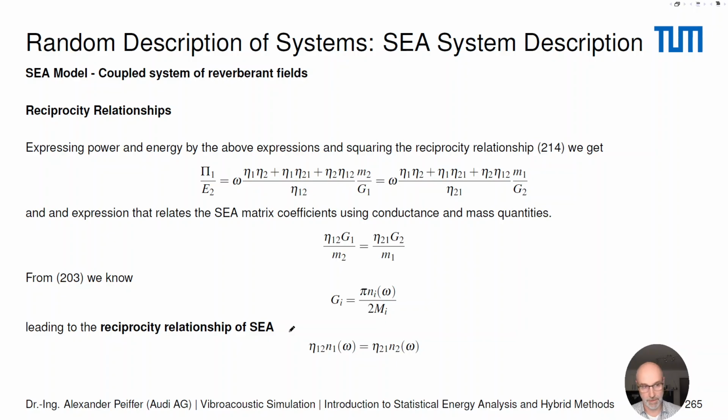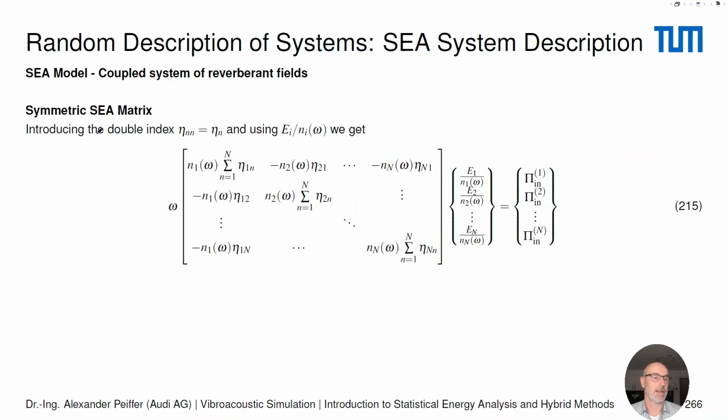That is nothing else than a translation of the classical reciprocity relationship into an energy and power reciprocity. This means that the coupling loss factor 1 to 2 multiplied by the modal density 1 is the same as the coupling loss factor 2 to 1 multiplied by the modal density of 2.